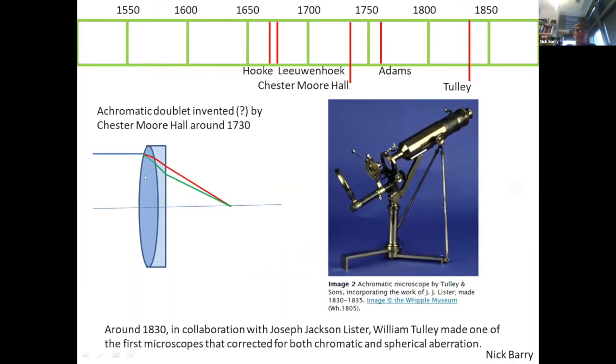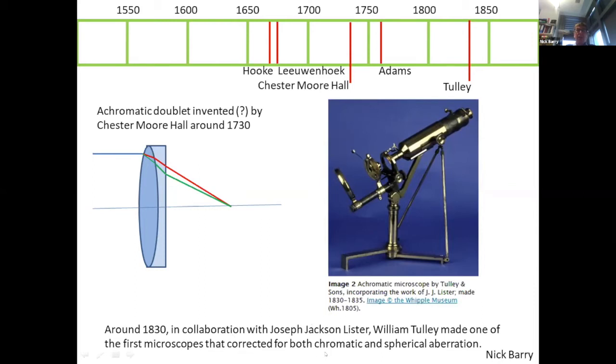This is a clever combination of one type of glass that has a lower refractive index and another type of glass with a higher refractive index, and the two together, formed into this compound lens of two joined components, conspire to send the red and the green light back to the same point. So with that, you lost this rainbow halo around objects that was common prior to this. This was around 1830.